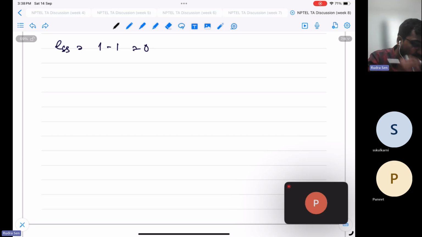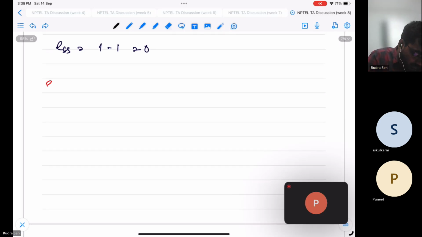For that case, we have not done any numerical on that part. So here we are going to consider a system and design that part. So let's say example 2.